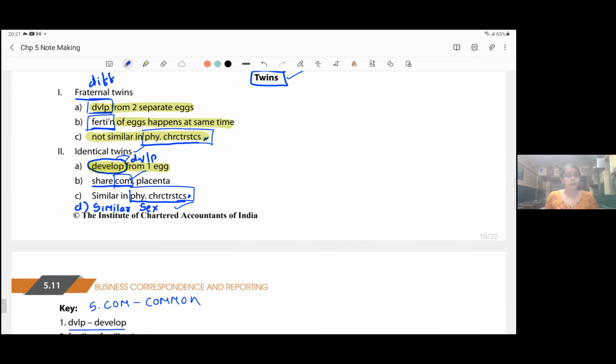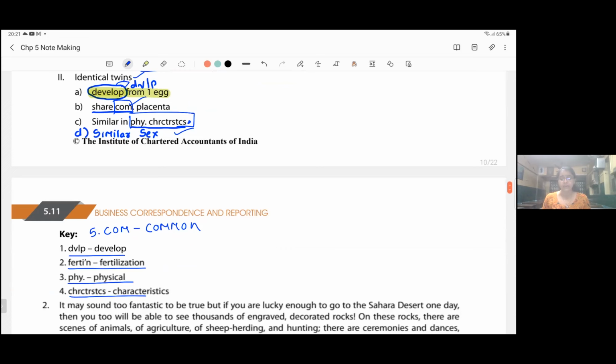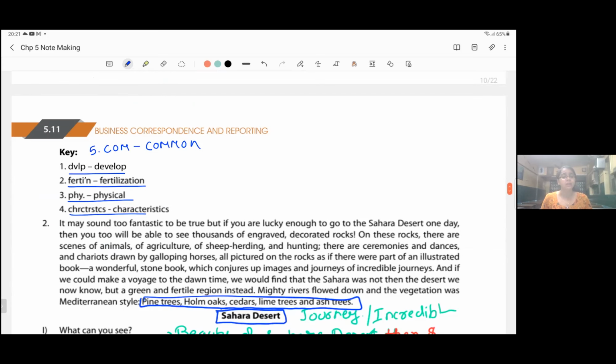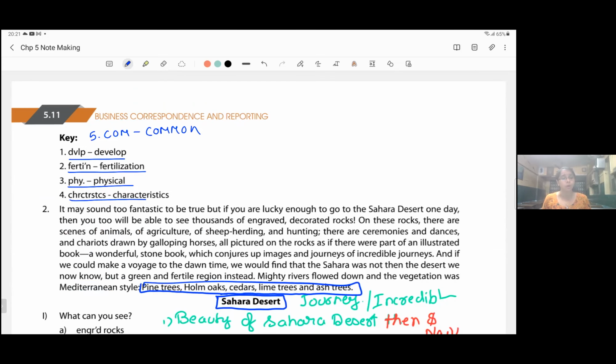Five abbreviations they have used, and you all have to write key and what abbreviations you have used. And if you have used symbols also, then below the key you will write symbol, and then you will give the name.